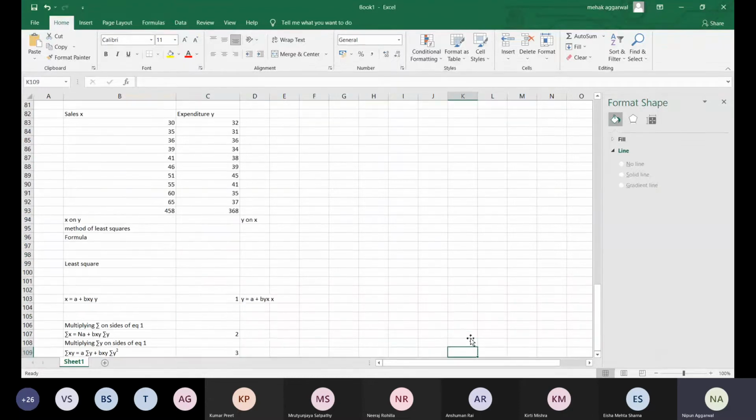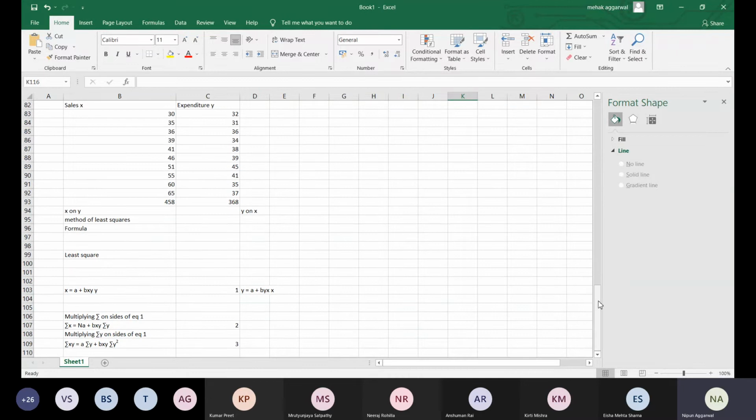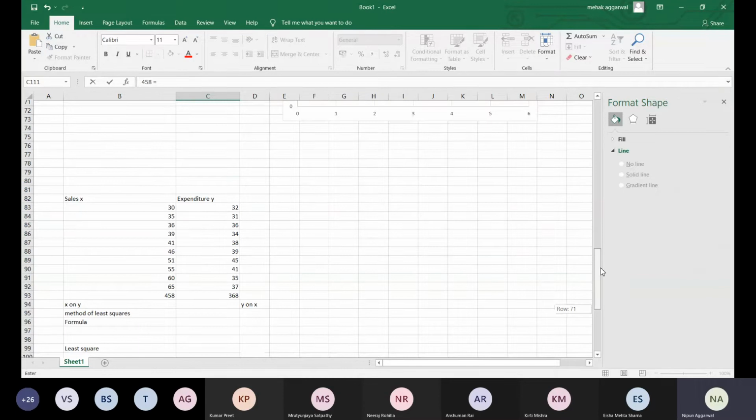So the first thing you want in the equation is summation x. What will be the value of summation x? It is 458. So the first equation becomes 458 is equal to na. N is 10 in our case: 1, 2, 3, 4, 5, 6, 7, 8, 9, 10.